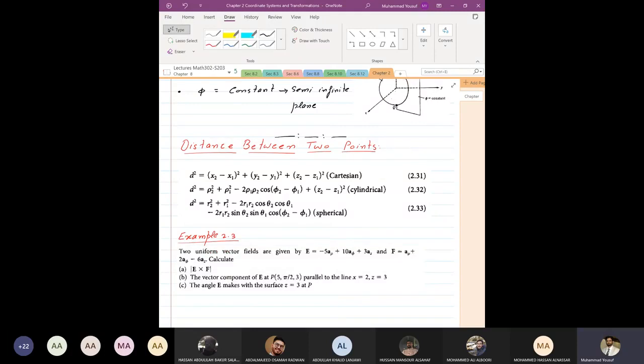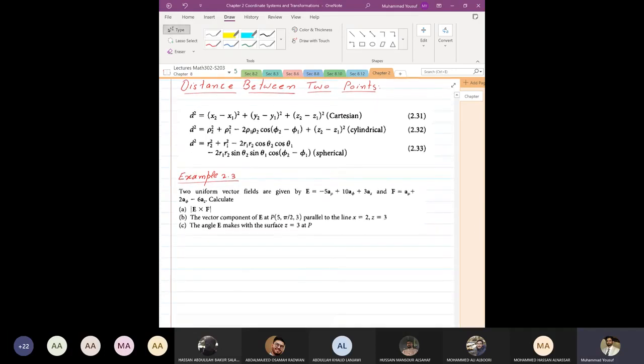Two unit vector fields are given, E and F. You can see that E vector is a vector in cylindrical coordinate system. F is 1a rho plus 2a phi minus 6az, also a vector in cylindrical coordinate system. So here they are saying two uniform vector fields are given. So instead of saying vectors, we call them vector field.